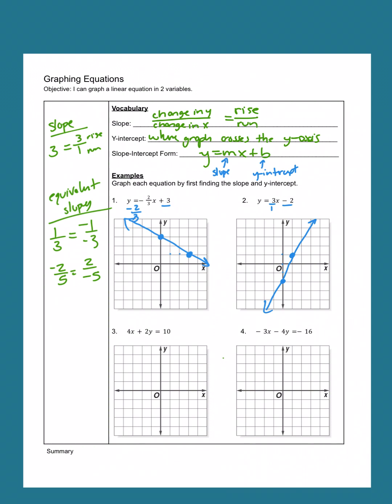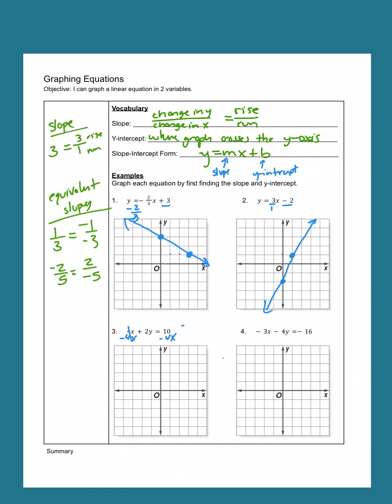For the next one, we have to rewrite this equation in slope-intercept form first so we can see our slope and our y-intercept in order to graph it. So this one we're going to do like we did in our lesson on rewriting equations. So we're going to get the y by itself so that it is in slope-intercept form. So we'll do minus 4x on both sides first.